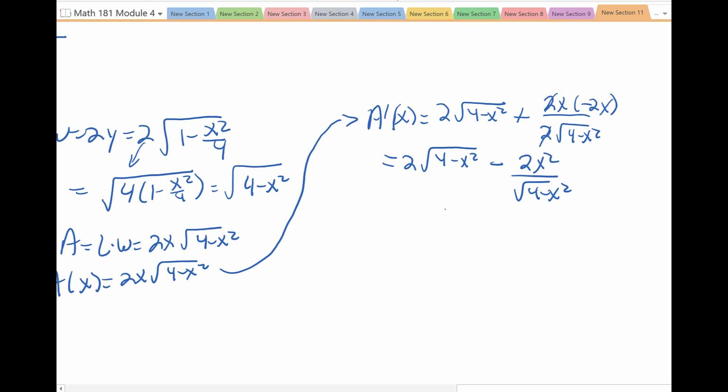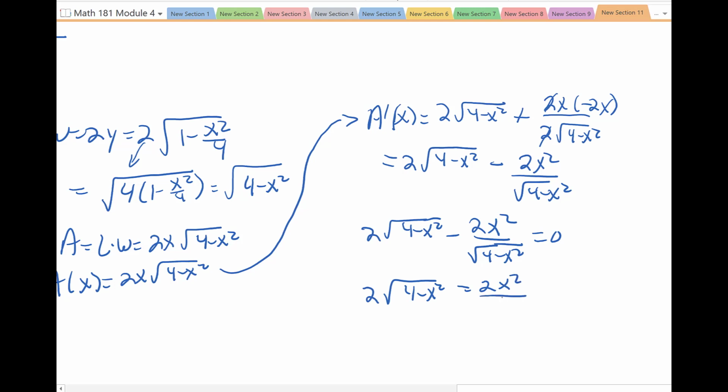So if we take that and set it equal to 0: 2 times the square root of 4 minus x squared minus 2x squared over the square root of 4 minus x squared equals 0. So 2 times the square root of 4 minus x squared equals 2x squared over the square root of 4 minus x squared.